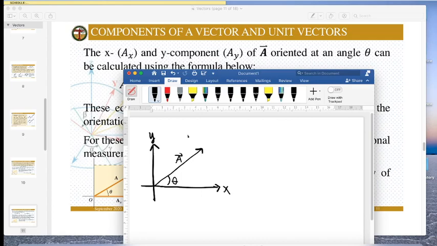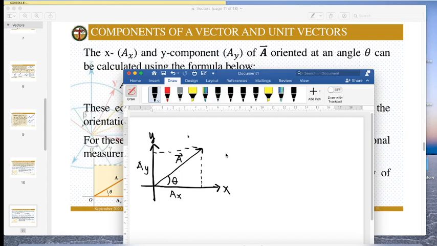So the projection of your vector A towards your x-axis here, this is your Ax, this one. Then your Ay is a projection of your A towards the y-axis. So this is your Ay. Now, with SOHCAHTOA, it goes like this.